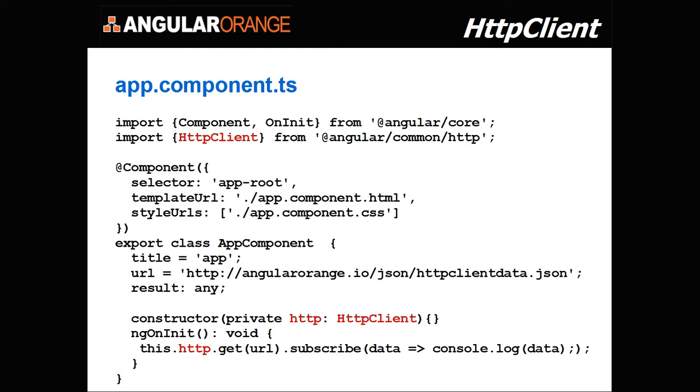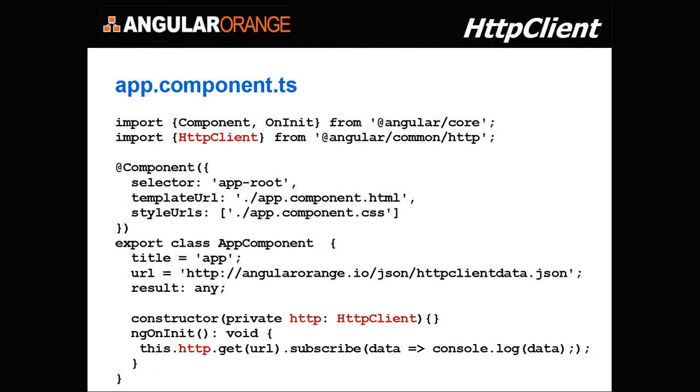What this does is it injects an object of type HTTP into my app component, and the keyword private says implicitly create a private variable called http in my app component class instance. Upon constructing my app component class, I get an app component instance, and that instance has an http attribute, which is of type HttpClient.